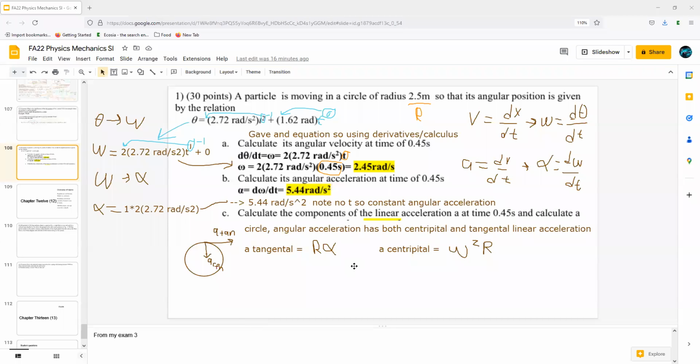So then you plug in your previous answers, and you get a tangential equal to 5.44.